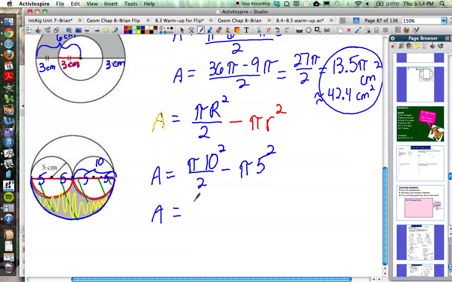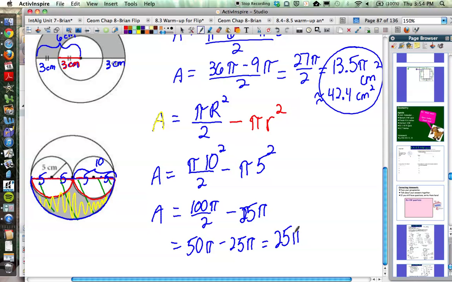All right, so that gives us 100 pi divided by 2 minus pi times 25, or 25 pi. So that really is 50 pi minus 25 pi. And that gives us a final area of 25 pi square centimeters.